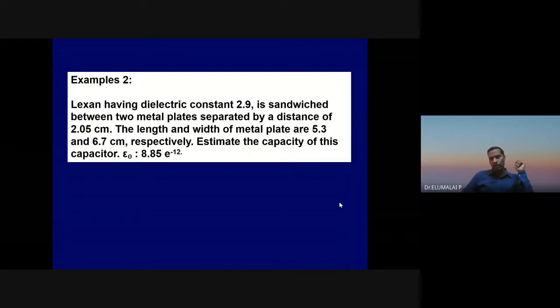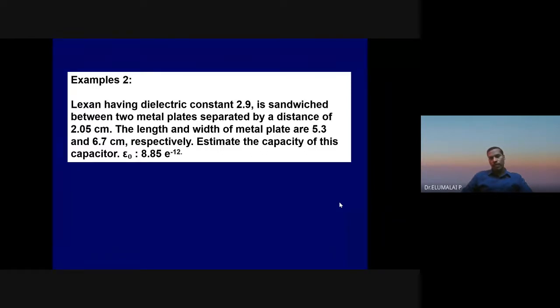So epsilon 0 epsilon A by D. Epsilon 0 is there, epsilon is given as 2.9. A is not directly given, but it can be obtained, and D is given. So 5.3 into 6.7 will give the area, and the distance is 2.05.